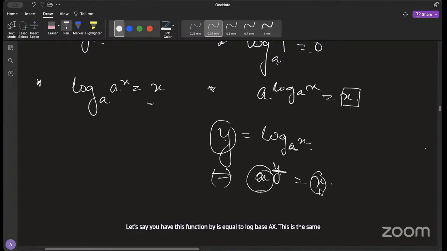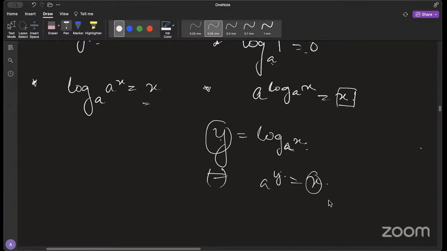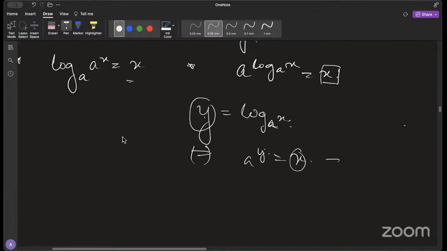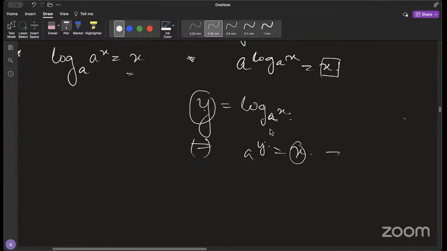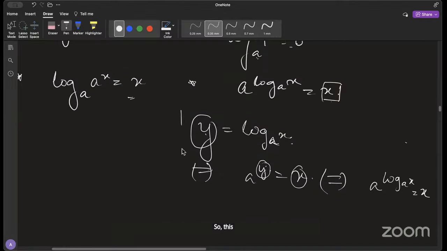This is the same as saying a to the power y is x. And your y is the same as log base a of x, so put the value of y from here, you will have a to the power log base a of x, which should be equal to x. So this is the proof of this.